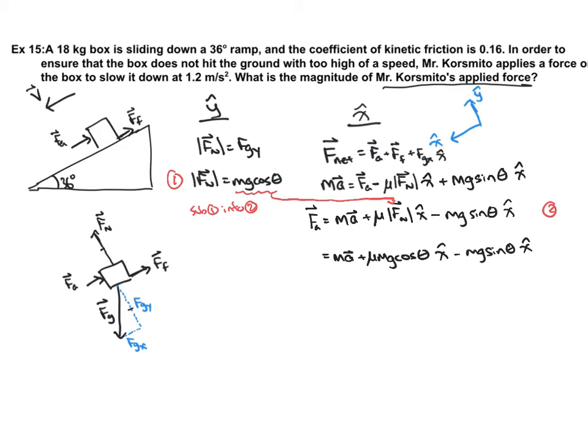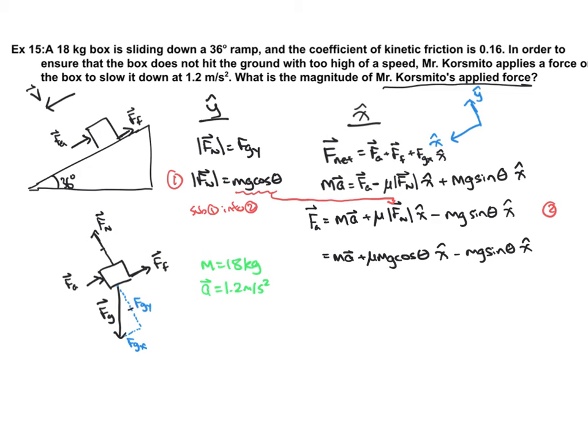Okay, so I'm just about ready to fill in the numbers. Just let me do a quick scan here. ma, do I know the mass and acceleration? Yeah, I know the mass is 18 kilograms. And I know the acceleration is a slowdown of 1.2 meters per second squared. Which is the acceleration in the positive x direction or is it in the negative x direction?